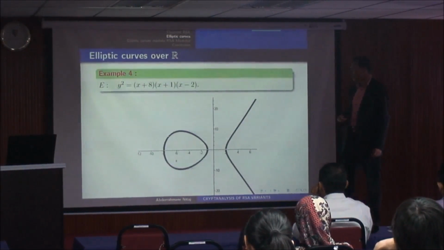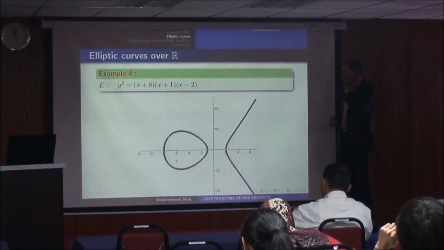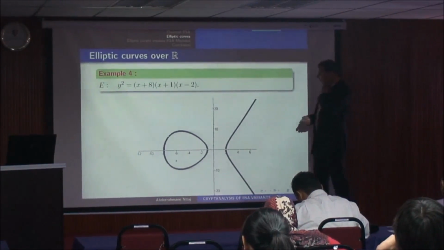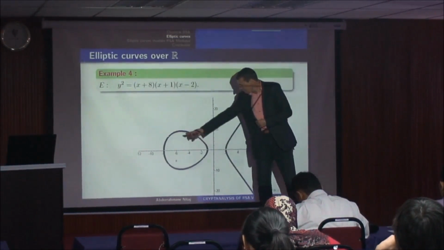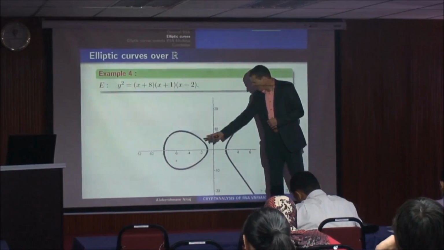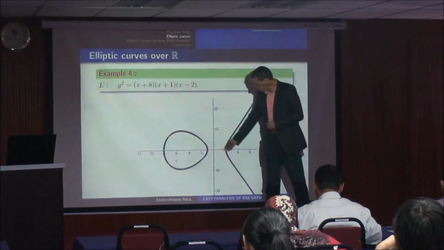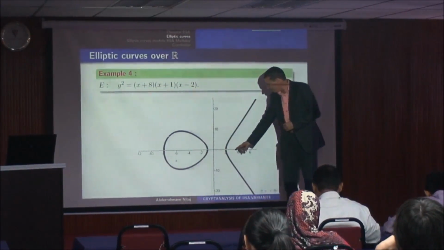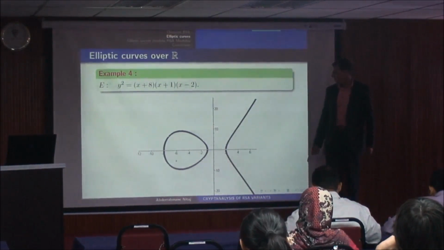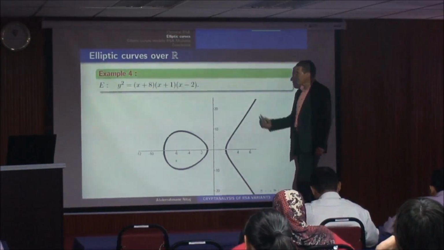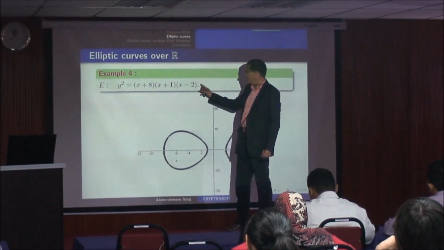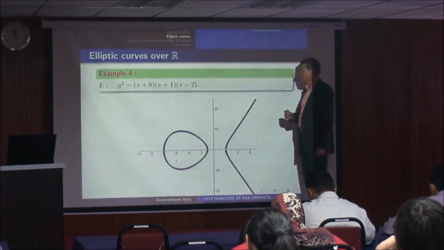Also, in example 4, we can find another kind of elliptic curve. In this situation, you can see that the curve intersects the x axis in 3 points. One here, the second one, the third one, and these intersections correspond to the solutions of the equation when we set it equal to 0.